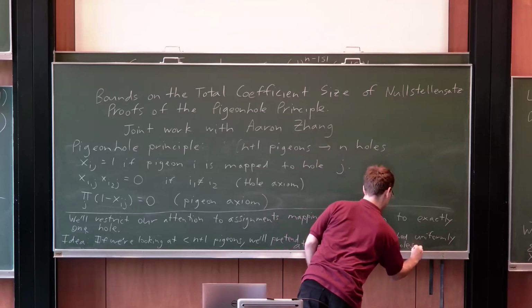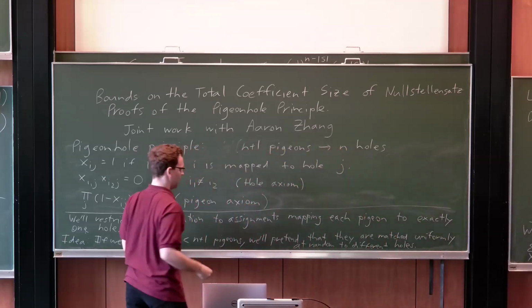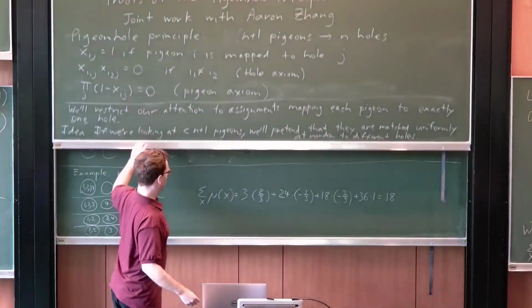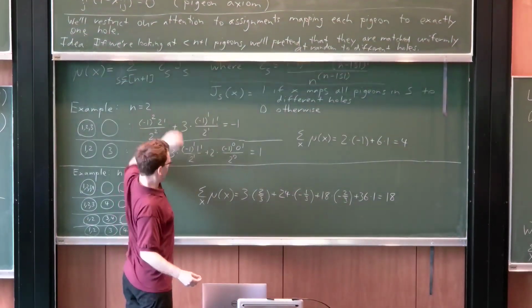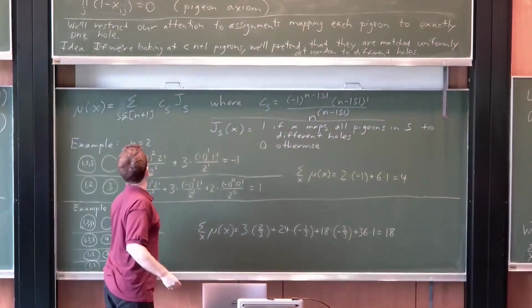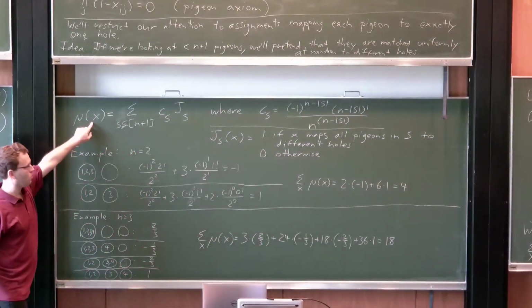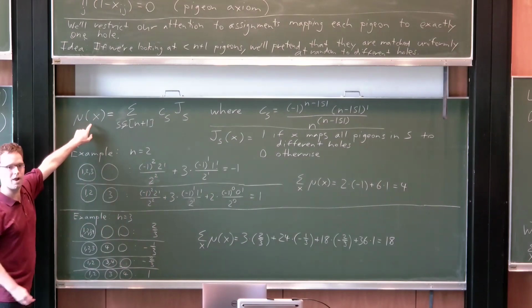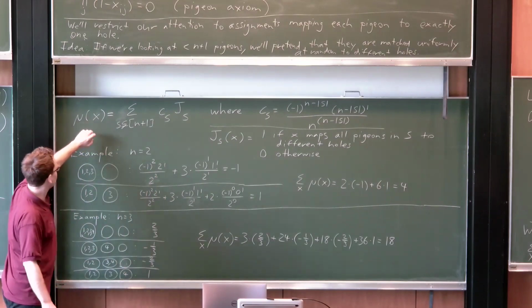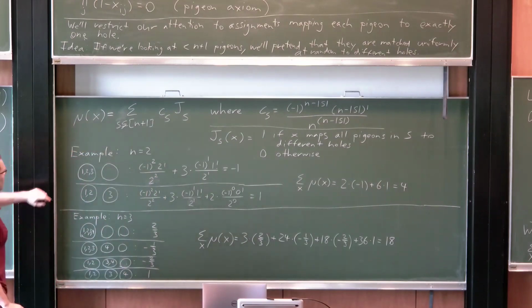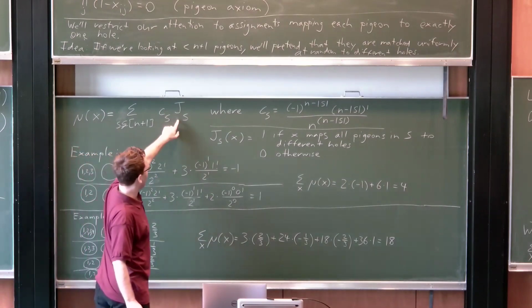Does mu have some properties that it needs to satisfy? In particular, we'll take the following measure.